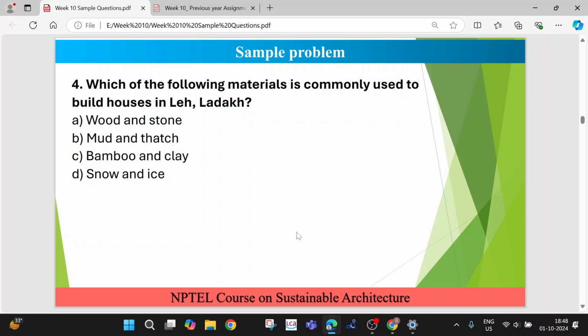But construction of these kinds of structures also becomes difficult sometimes. If you look at this construction, most of the items, like concrete and all these things, cannot be carried to those places due to the improper transportation facility, you can say. So local materials are only utilized in those cases.